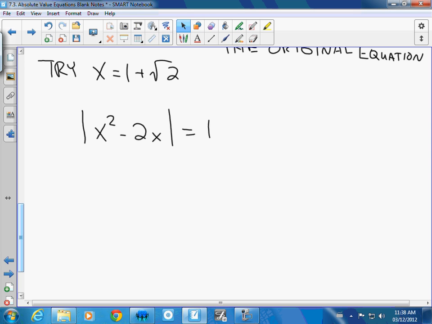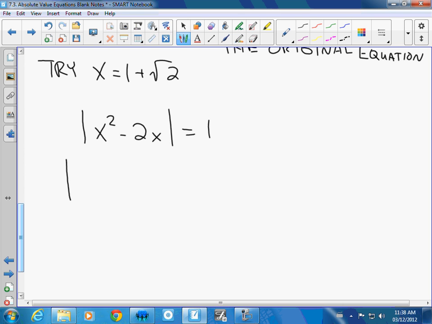Okay, so what's x in this case? 1 plus root of 2. Okay, so this is where it gets kind of weird looking. Now what does x squared mean? X is 1 plus root of 2, and we're squaring it. Do you have 2 binomials, 1 plus root of 2 times 1 plus root of 2? Should I write that out?